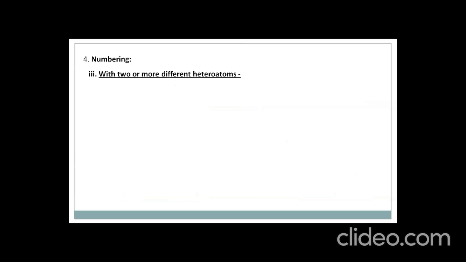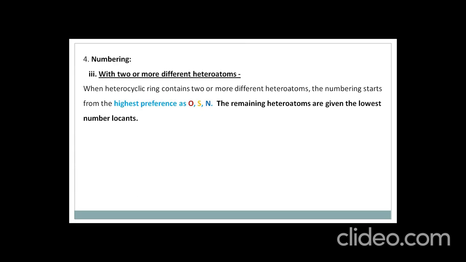Now, if it has two or more different heteroatoms, when a heterocyclic ring contains two or more different heteroatoms, the numbering starts from the highest preference: oxygen, sulfur, nitrogen. The remaining heteroatoms are given the lowest number locant. Just take an example.